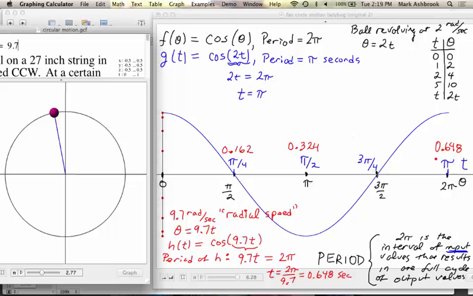You could take 3/4 of the period, or you could add these 2 together as long as they're good approximations. And what do we get for that? 0.486. So however you can do it, but you'll need to be able to do that. Given a period for one full cycle of output, split that up and get the values that split it up into 4 equal quarter periods. Okay. Questions about this example?